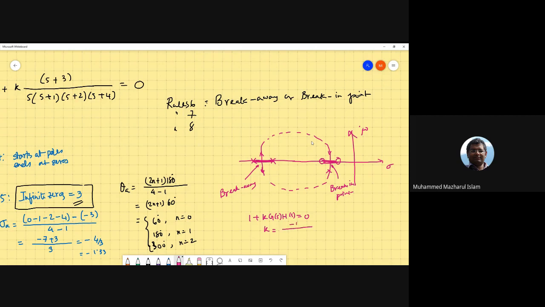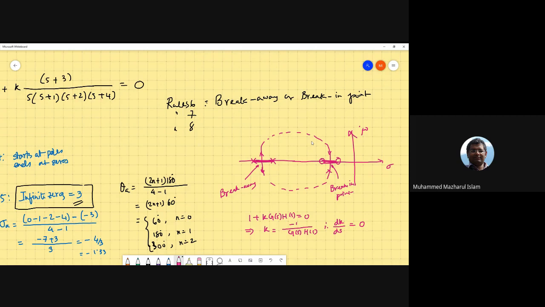So if I subtract 1 from both the sides and then divide by G and H, I'll have this one, right? Now from this you have to differentiate this and equate this to 0, and we'll get the solutions of this equation dk ds equals to 0. The solution of this equation will give us the breakaway and break-in points.